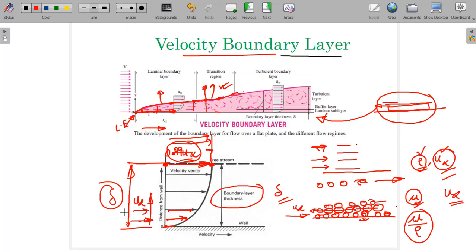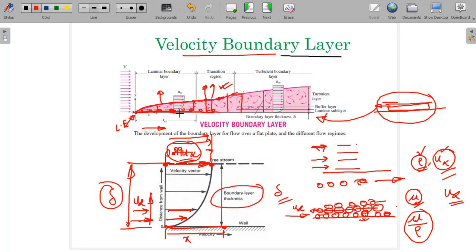And it will also depend on the length from the leading edge, let us consider this x. As you move away from the leading edge, you see that the thickness of the boundary layer is gradually increasing. The reason is very simple: more and more fluid particles are now in contact with the solid plate.